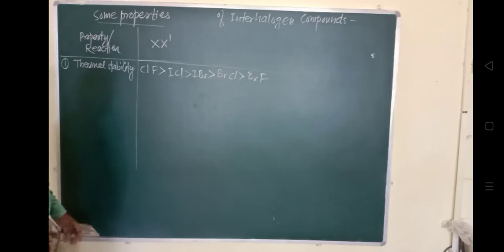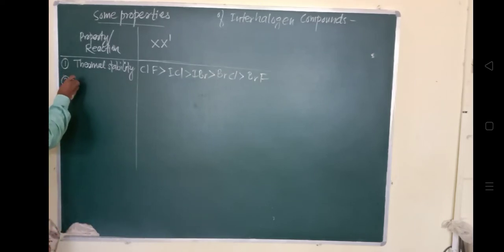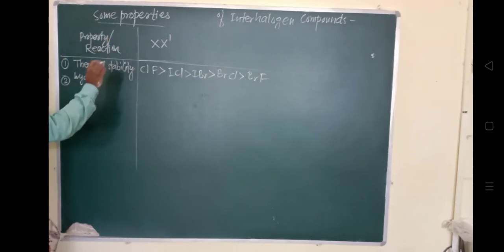The second property is the hydrolysis of these interhalogen compounds. Hydrolysis gives an oxo acid. What is the meaning of oxo acid? We have already studied it: an oxo acid consists of hydrogen, oxygen, and another element.